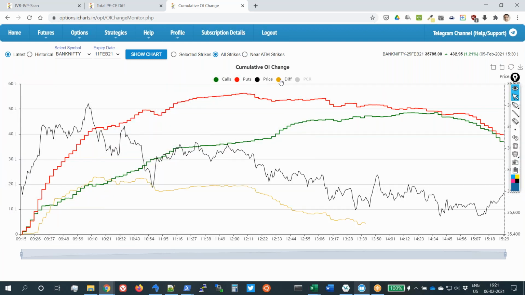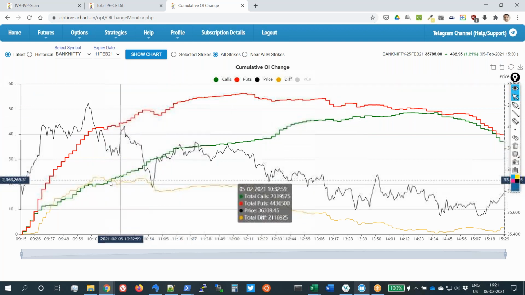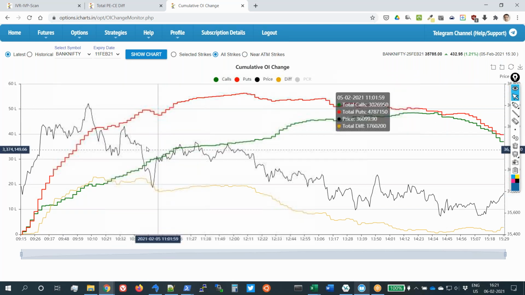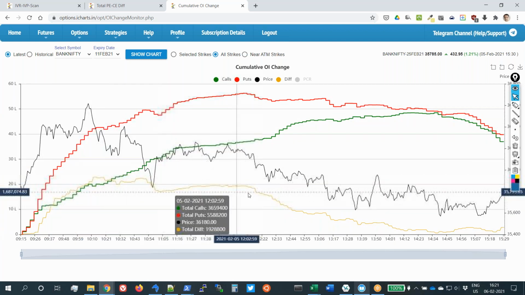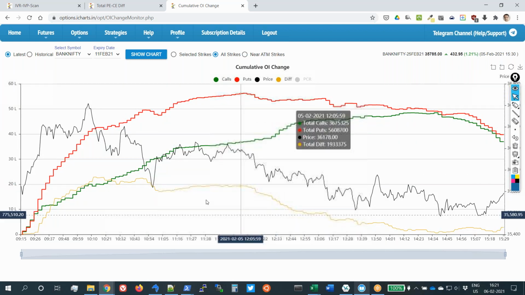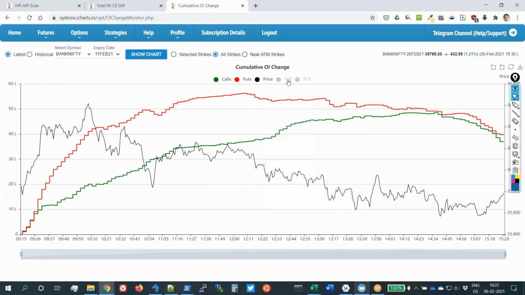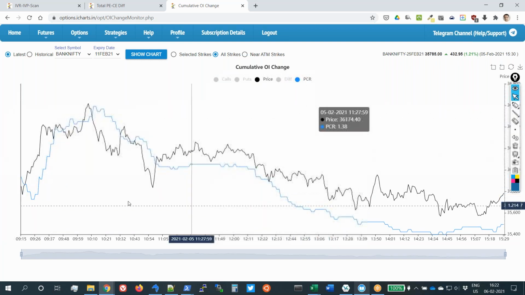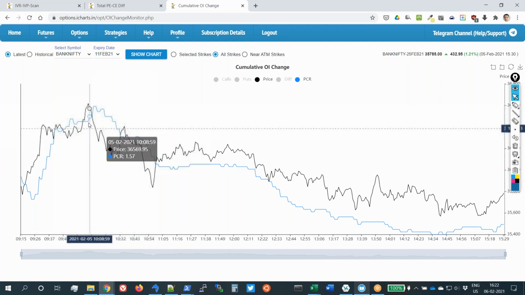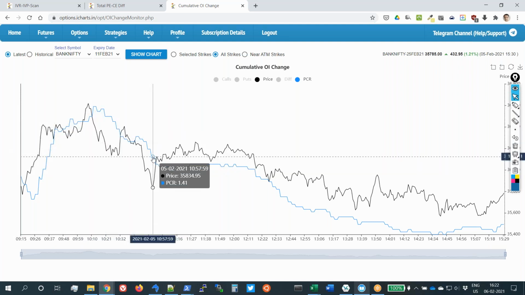That would be clear if you look at the diff also, because this diff line is the difference between these two lines. Here it has gone up, then flattened, and then heading down. You can either go with this diff, or if you want more clarity, just turn off the PCR. Once this turns and starts to go down, then that's it.